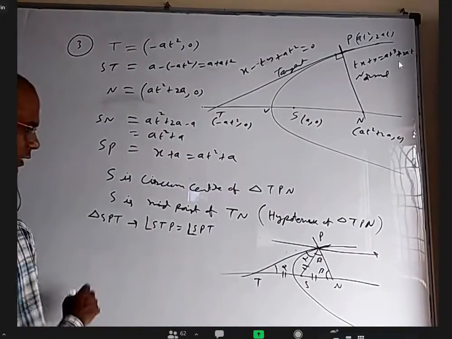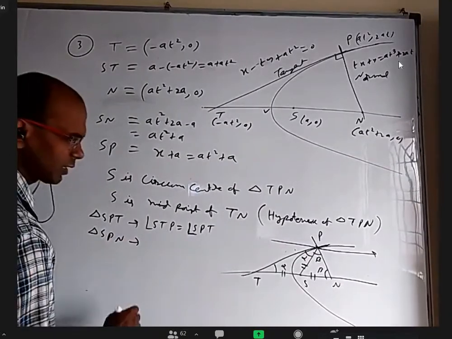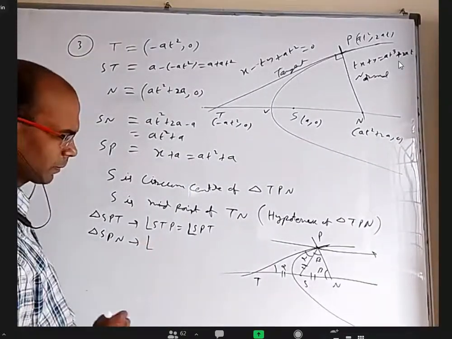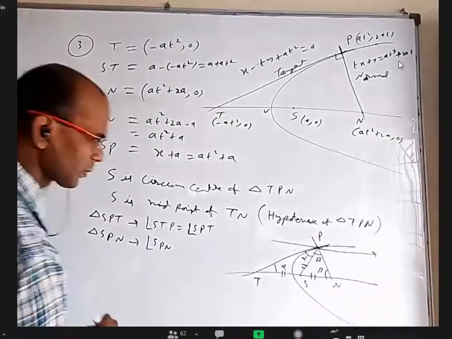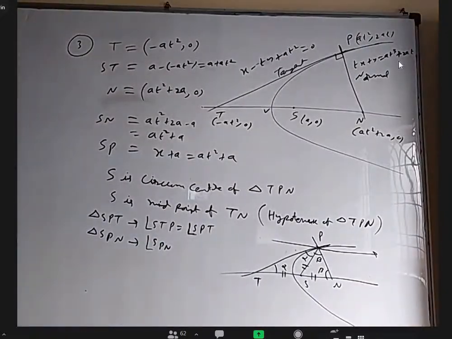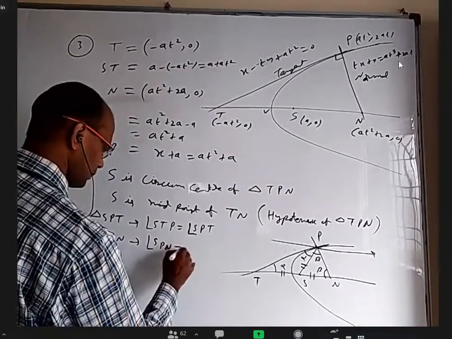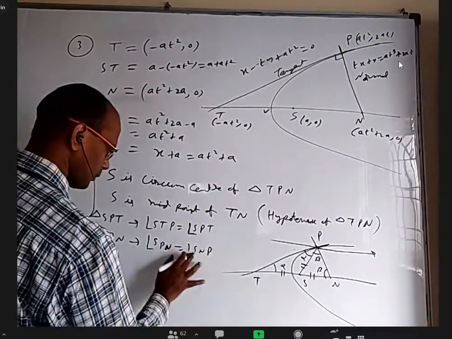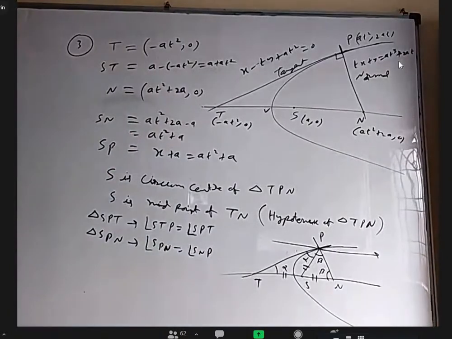So if I take triangle SPN, then angle SPN is equal to angle SNP. Is it okay, everybody?